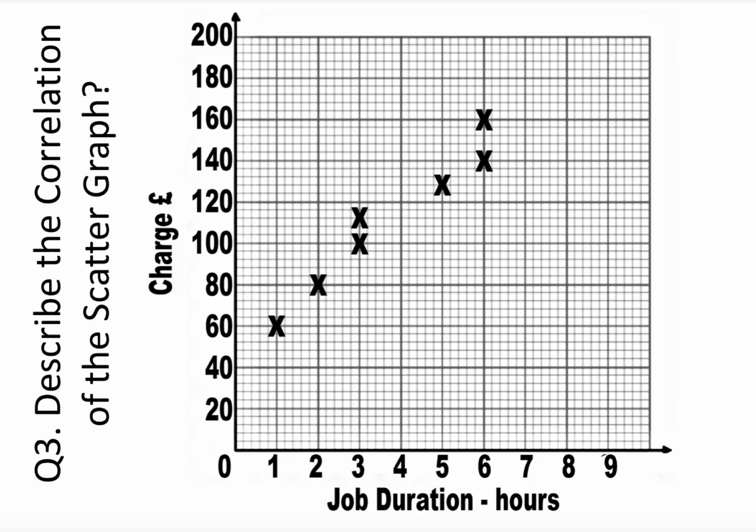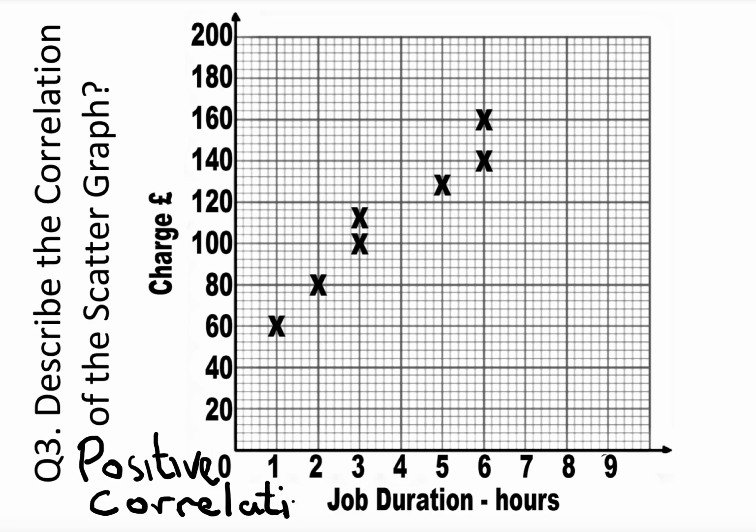So this would be called a positive correlation. It's a bit squashed down the bottom there, but the graph is a positive correlation because both values are increasing.